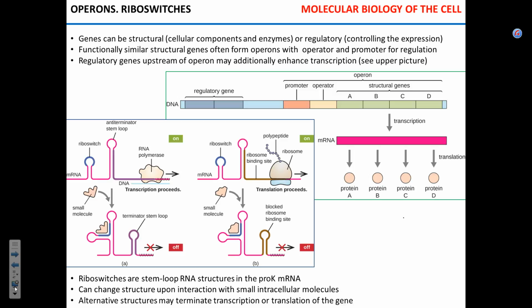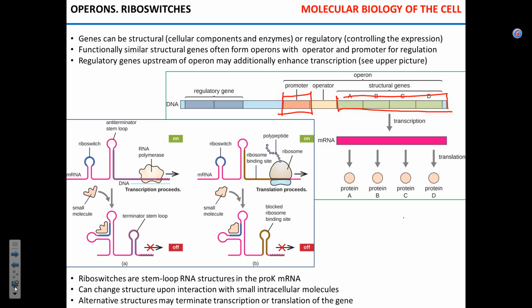So if you look at the structure of the operon here, you will see that the actual genes of the operon are controlled by a number of other sequences. The promoter sequence. What is the function of the promoter? What interacts with the promoter? Does anyone remember?